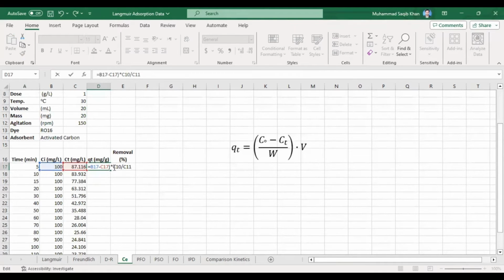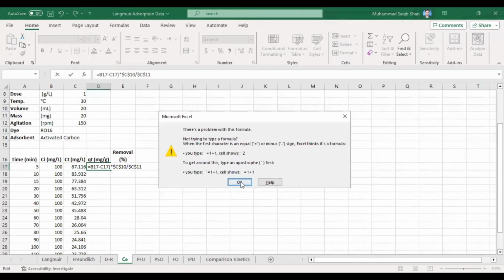As these values we will use throughout this formula, we'll lock the columns.